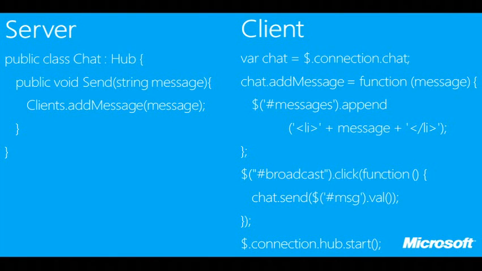And then underneath that, there's what should happen when you click the send button. So there's a text box and a button. When you click the send button, that text gets sent to the server using that send method that was implemented in the hub on the server. And then we just say connection.hub.start. And that's all we have to do.